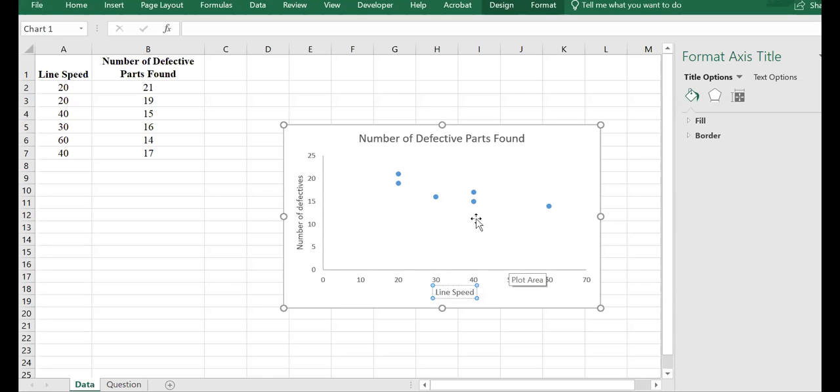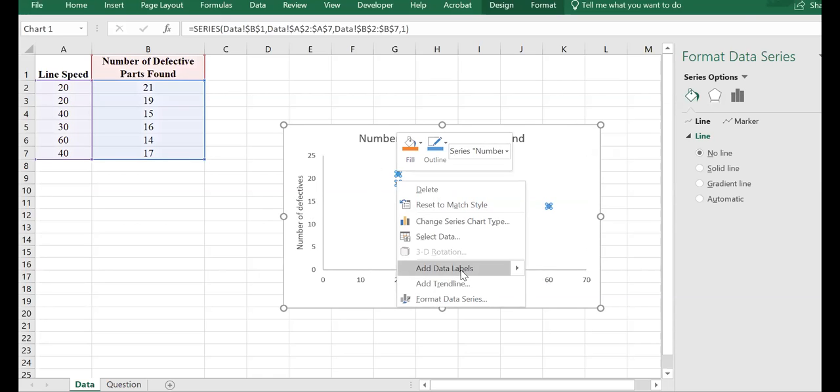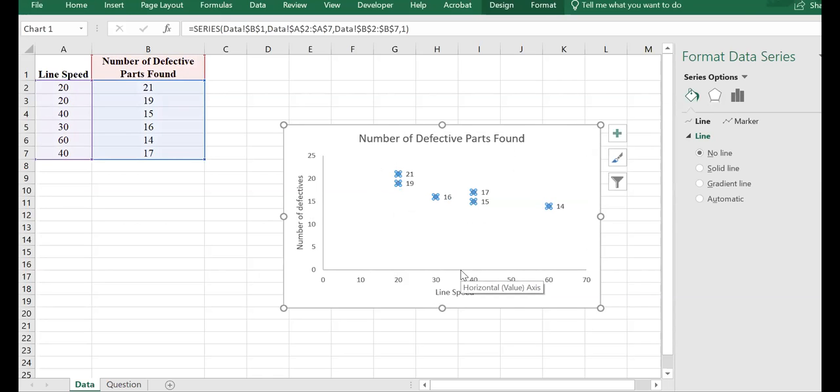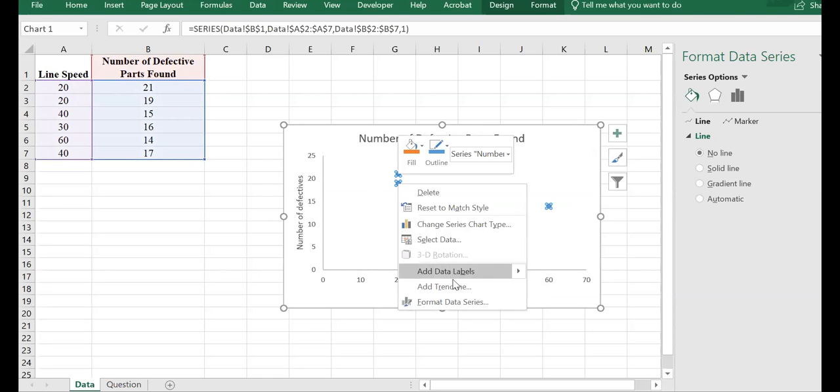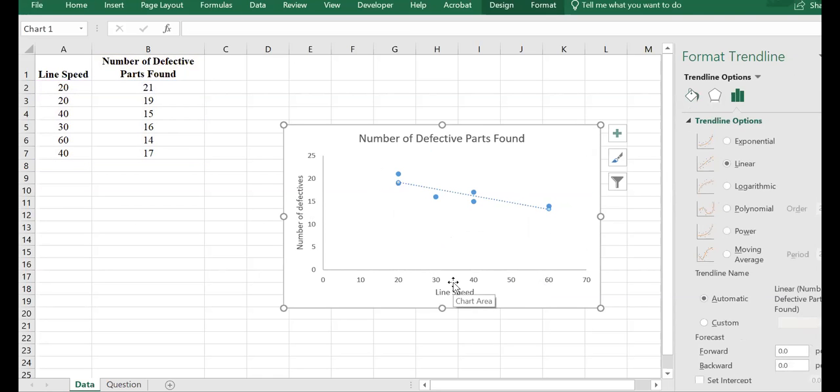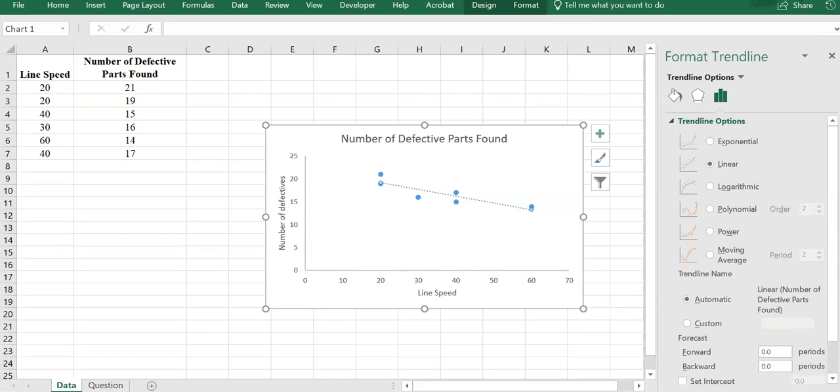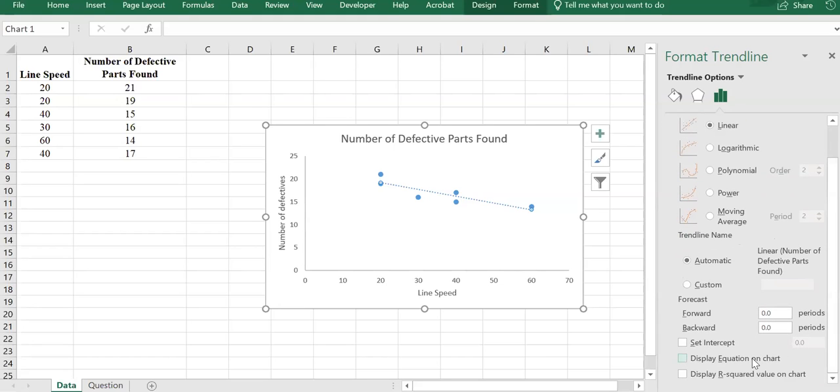In terms of the relationship that I observe, if I add a trend line here, if I right click on one of these data points and add a trend line, add equation, and add R square.